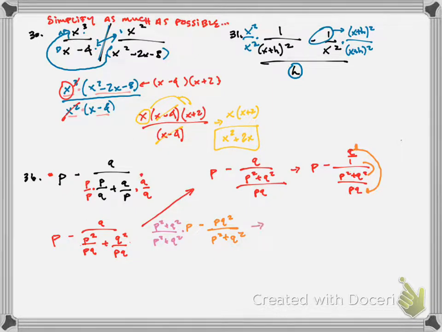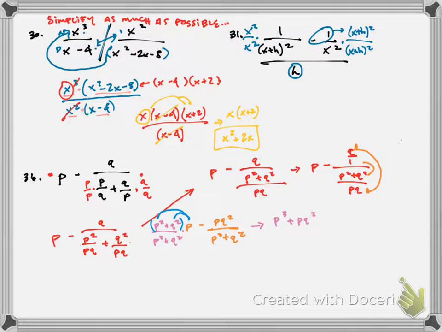Let's go this way. That's p cubed. So let's talk about why it's p cubed. Let me change colors. P times p squared is p cubed. P times q squared is going to be, I'll change back to pink, so p cubed plus pq squared.